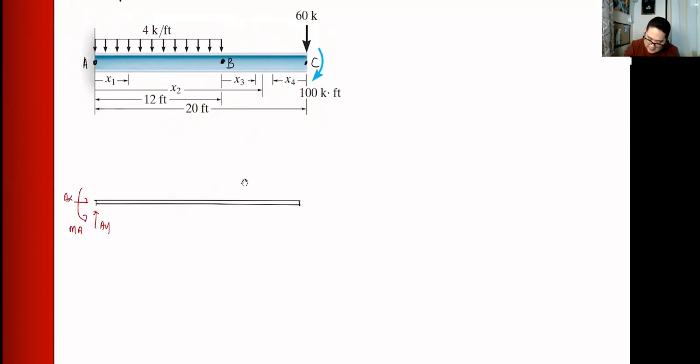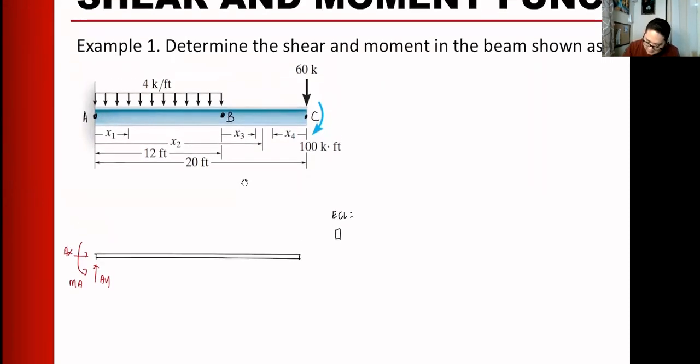So ECL natin is for our rectangular load. Okay? So that is just yung magnitude niya 4 times 12. Okay? So we have 4 times 12. We have 48 kips, no? Kips yung given niya. Okay? So that is applied doon sa center natin.